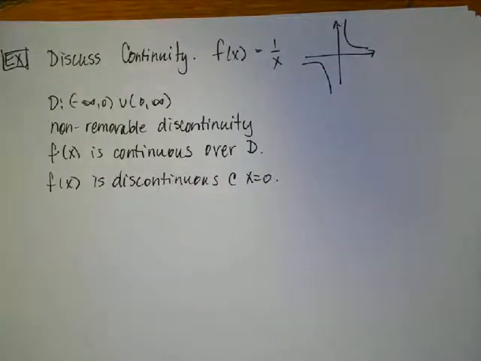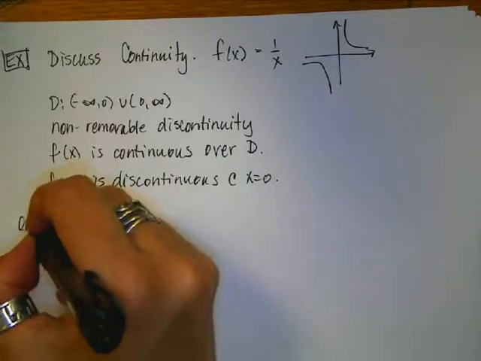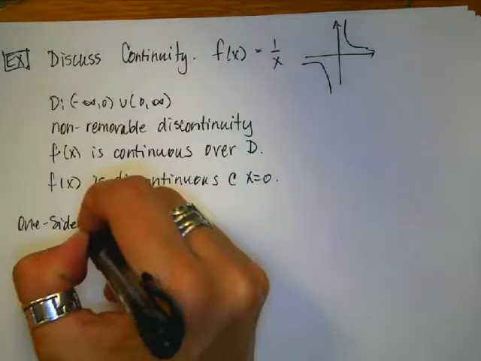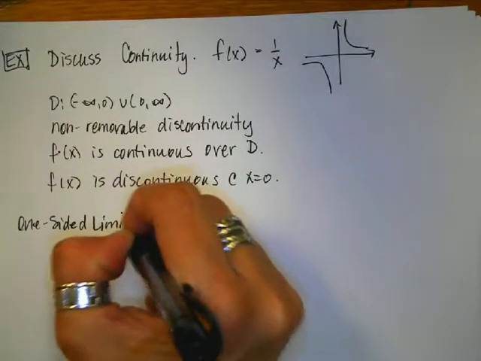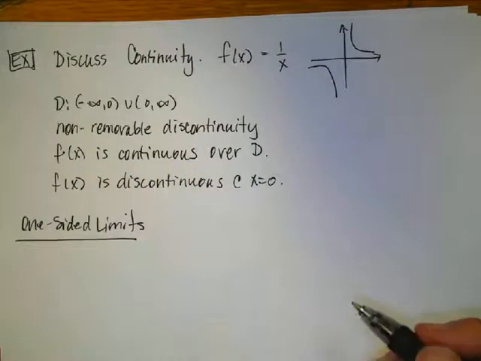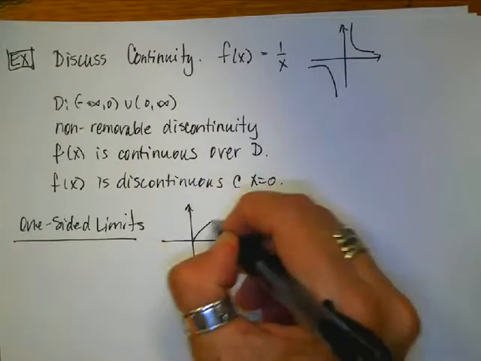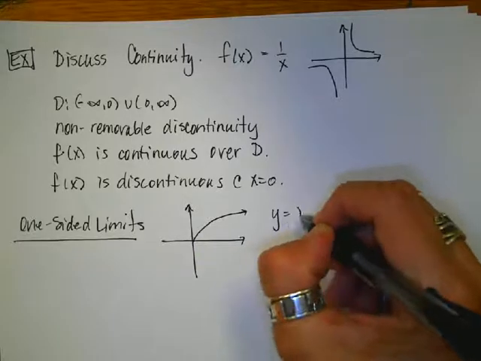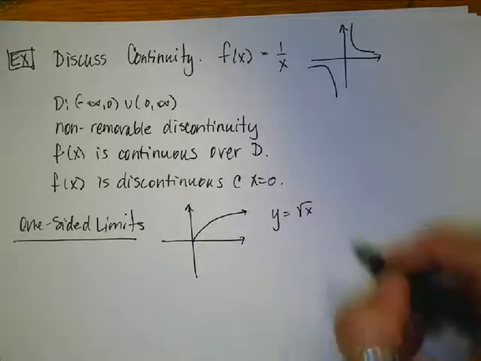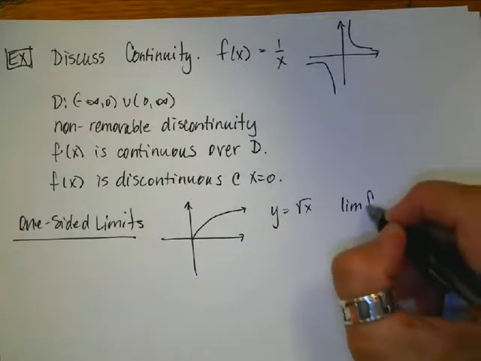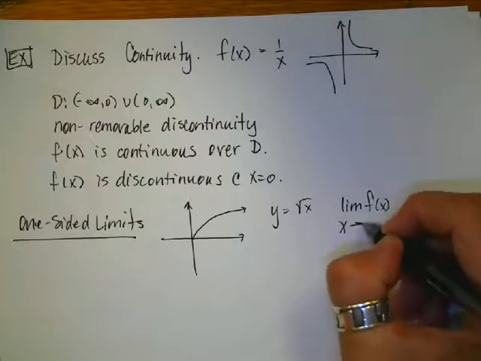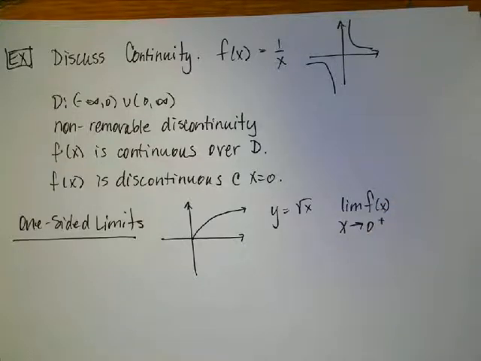All right, so let's talk about one-sided limits now. Okay, and I'm going to do that by talking about the square root function. So let's say I have y is equal to the square root of x. Well, I can talk about the limit of the function as x approaches 0 from the right, and I would get the value 0.